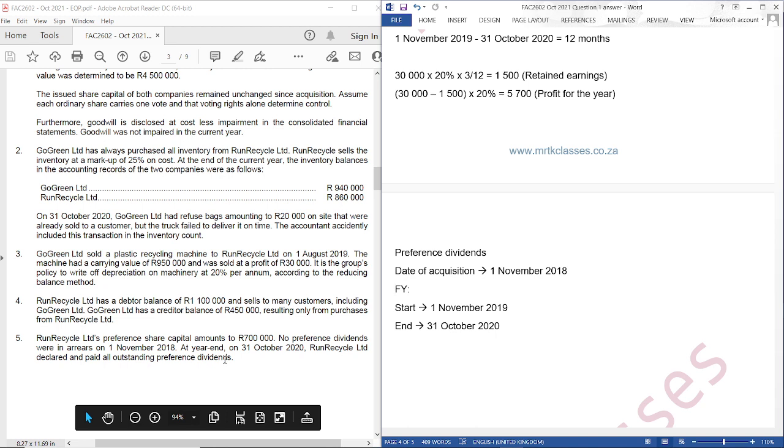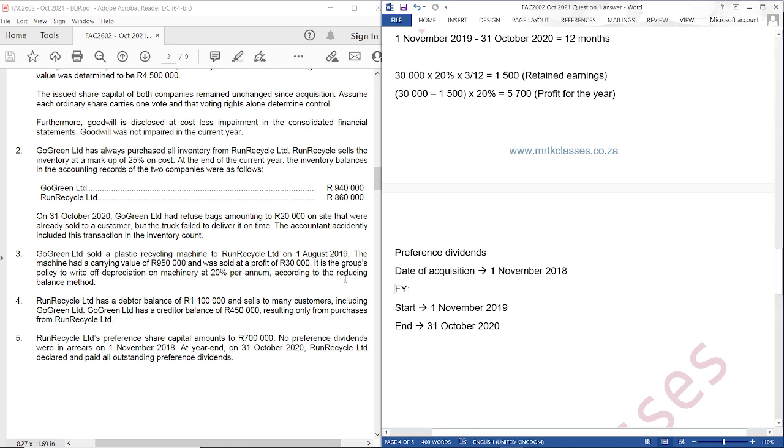No preference dividends were in arrears on this date. Then they paid again on the 31st of October 2020, which means that they were paying for 2 years. Let me take this date and bring it here.